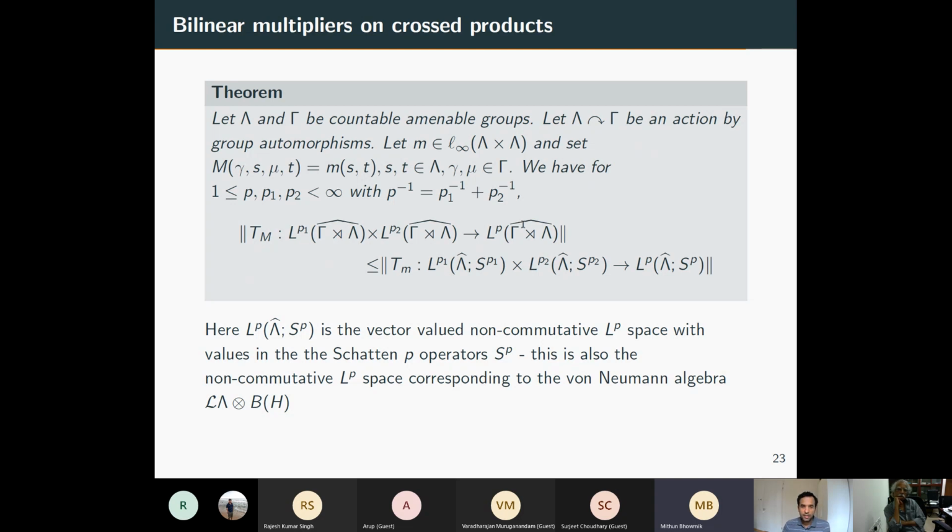then you can get multipliers on the cross product from multipliers on just one of these groups.